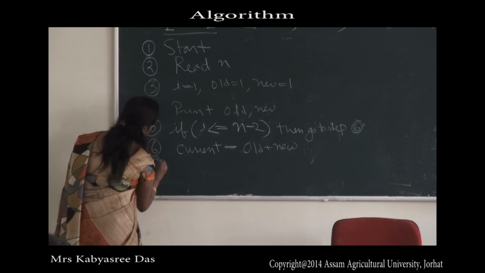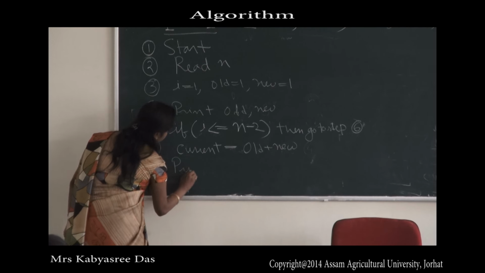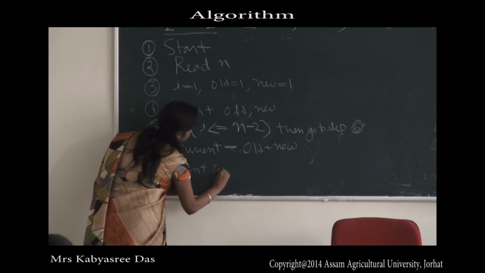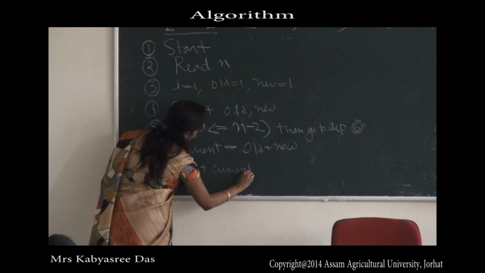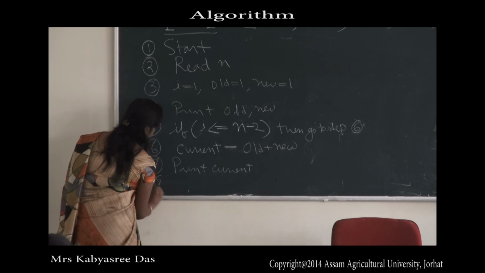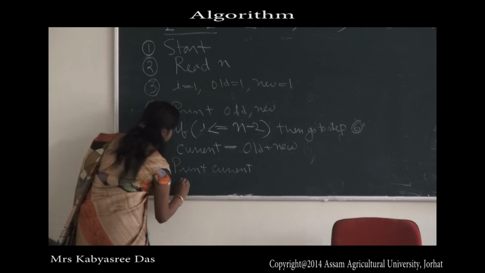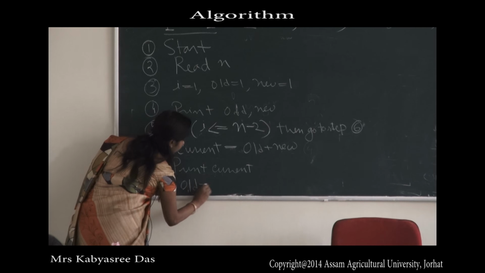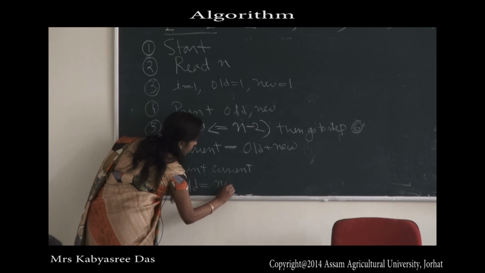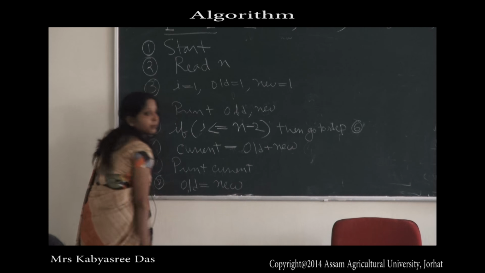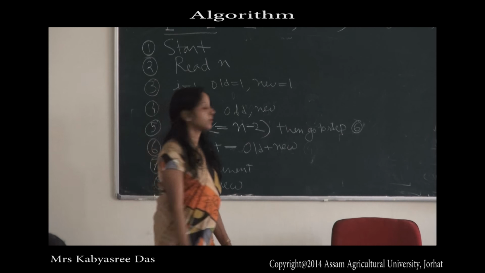Number 7, you write print current. Number 8, you write old is equal to, old will take the value of new first.